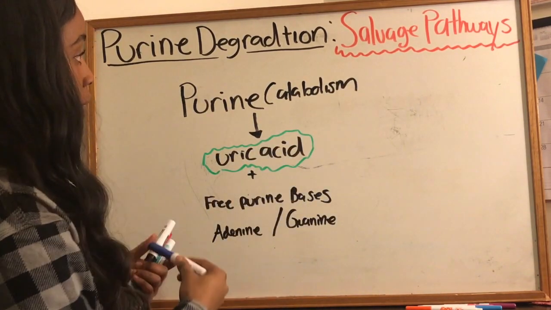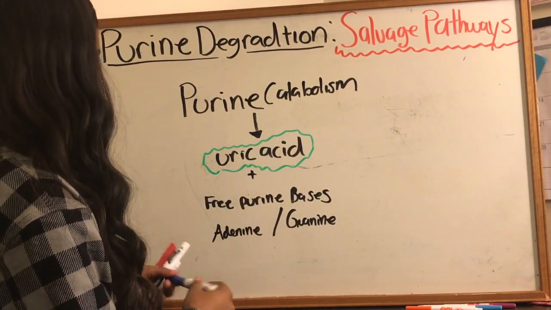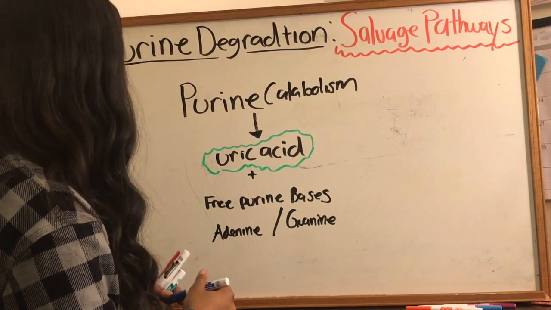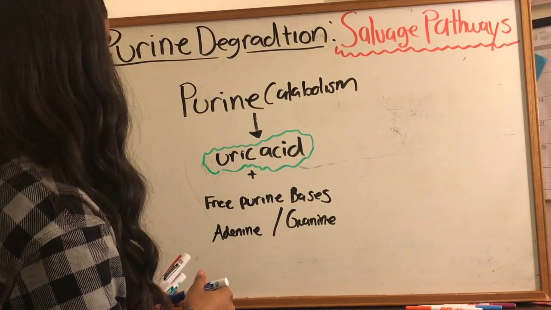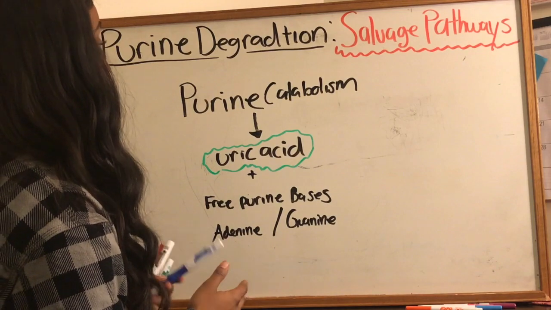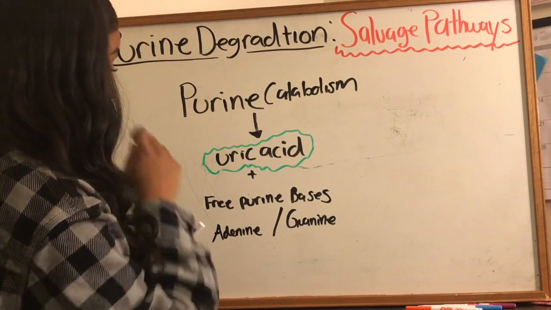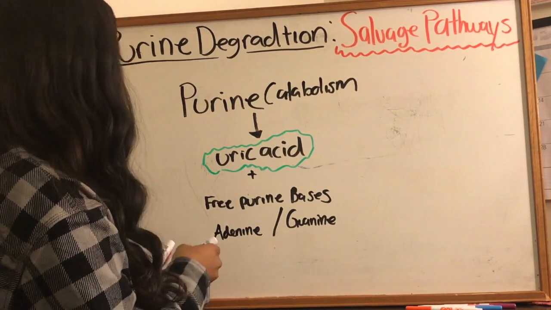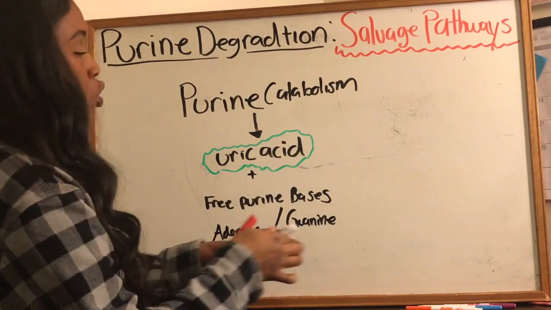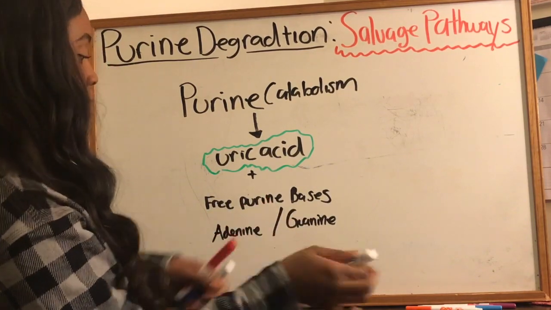Salvage pathways work by taking free purine bases that are available during the catabolism of purines and recycling them to make more nucleotides.